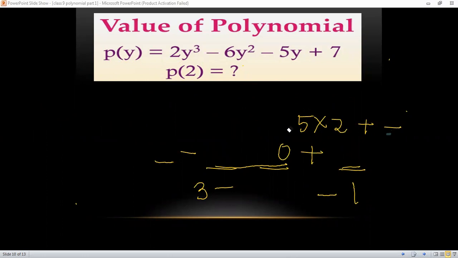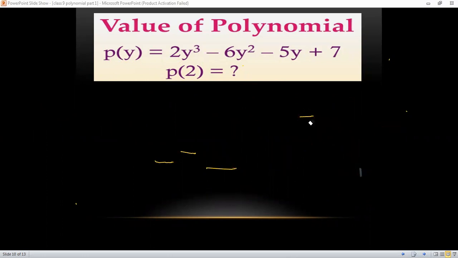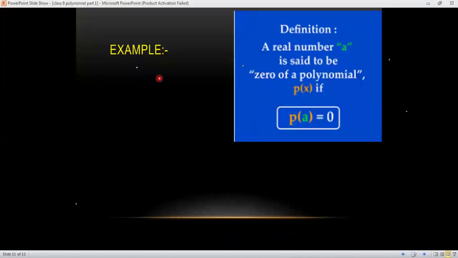Now we will discuss zeros of a polynomial. Definition: a real number a is said to be a zero of a polynomial p(x) if p(a) is equal to 0.